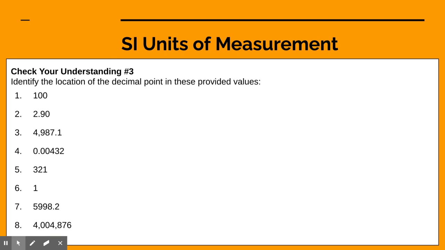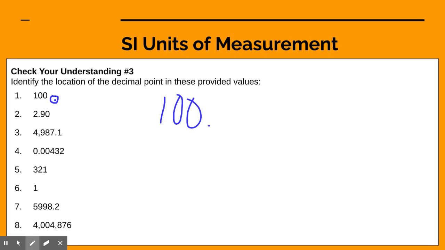Okay, so let's take a look here. For 100, where is that pesky little decimal? When there's no decimal given to your value, the only logical possibility here, I can't stress this enough, is that it's over here: it's 100 and then a decimal.